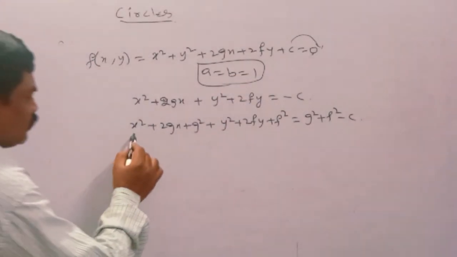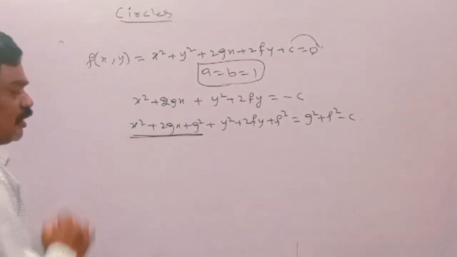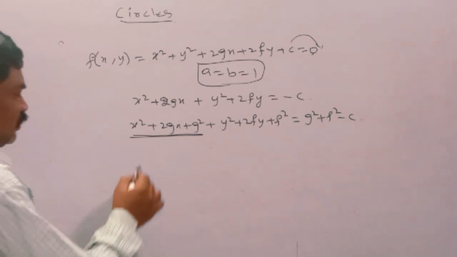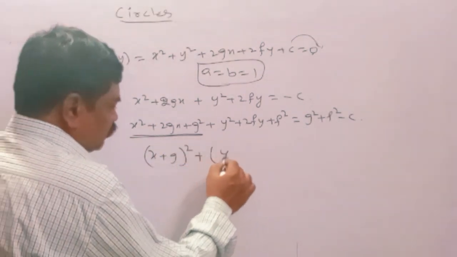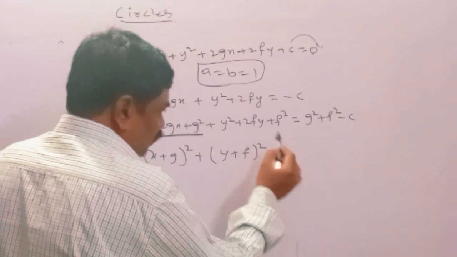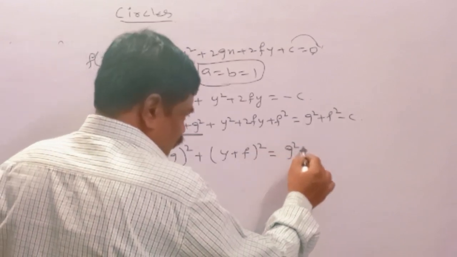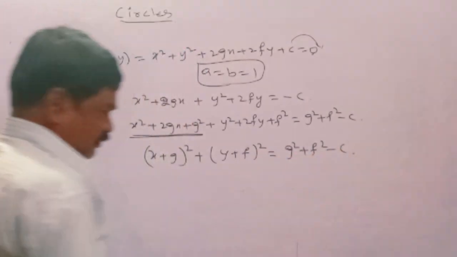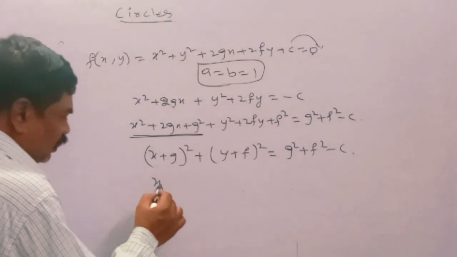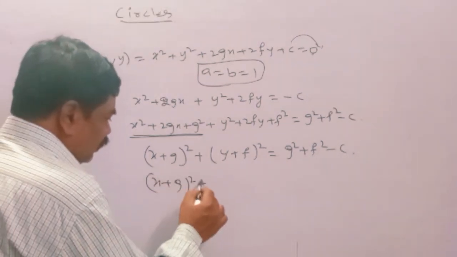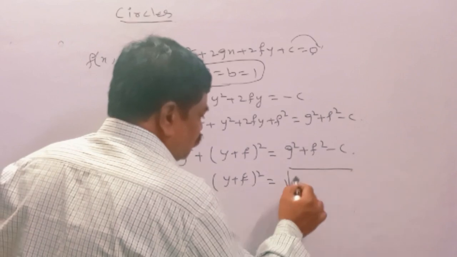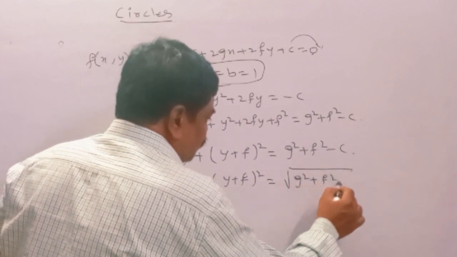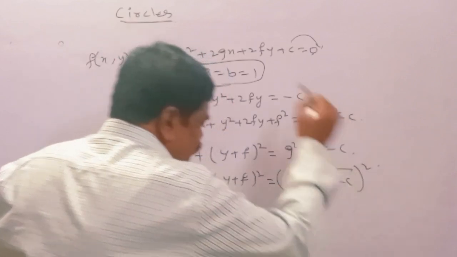Okay, all of you. Then you can write this in the form of a plus b whole square, that is x plus g whole square plus y plus f whole square is equal to g square plus f square minus c. Then x plus g whole square plus y plus f whole square is equal to root over g square plus f square minus c, whole square.